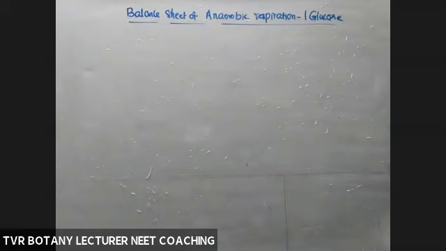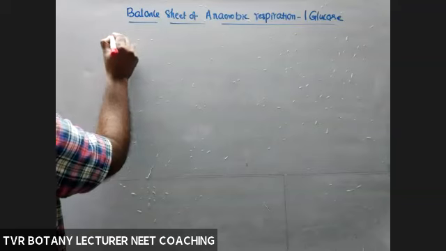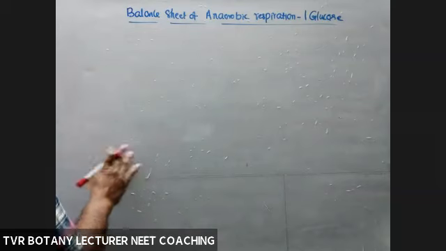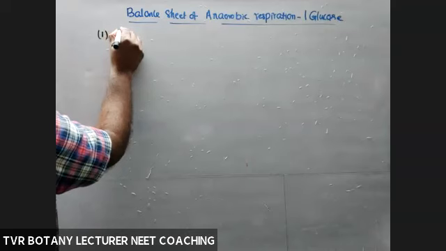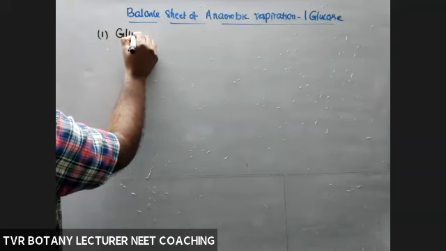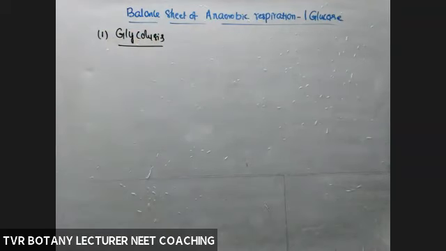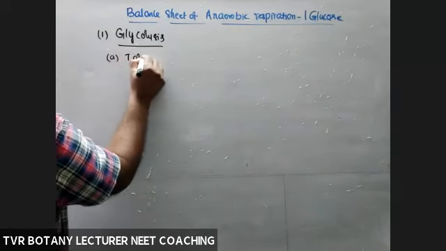Okay, so during glycolysis, energy production is during glycolysis only, not during fermentation. So the first event is glycolysis. During glycolysis, statement 1, total number of ATP consumed.